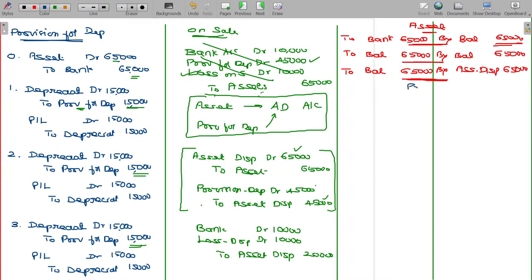When it comes to the provision for depreciation account, by depreciation you are creating 15,000 rupees. When you close the first year, you get the same balance, the balance to balance.